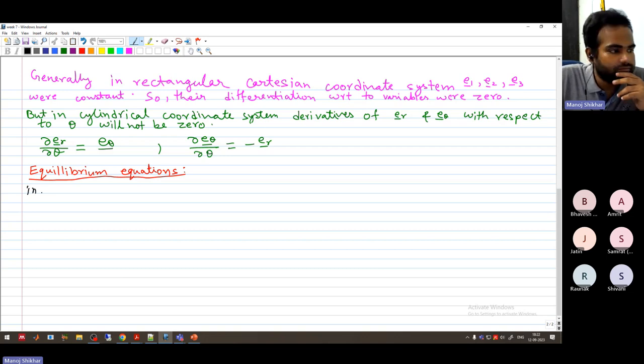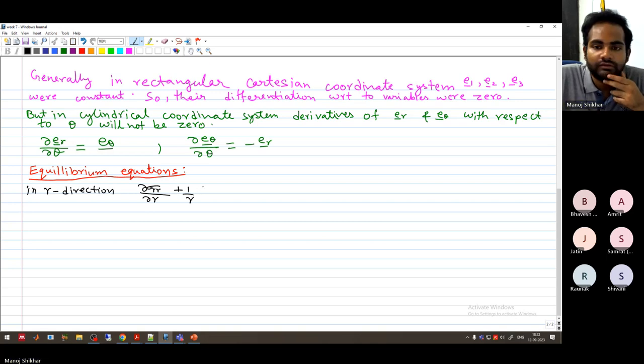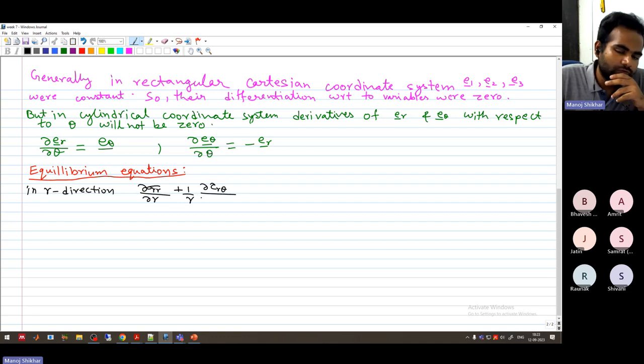So in R direction, we have del sigma RR by del R plus 1 by R del tau R theta. You will see that most of the terms will follow the similar pattern as in the Cartesian coordinate system.